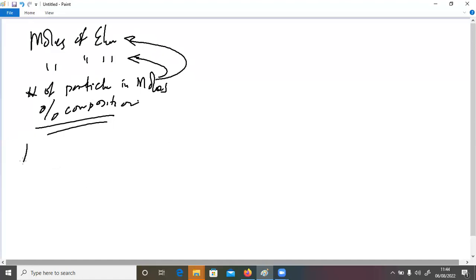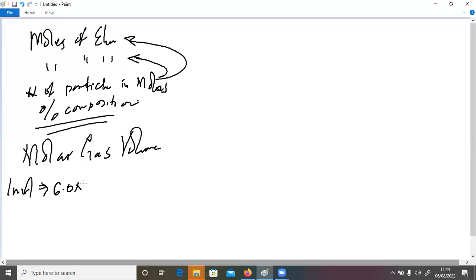Then in the last lesson, we looked at the molar gas volume, and this is where we said that if you take 1 mole of any gas, it contains a particular mass, which changes depending on what the gas is. Although the mass changes for that 1 mole, there is something equivalent which does not change. First of all, the number of molecules in that gas will always remain constant.